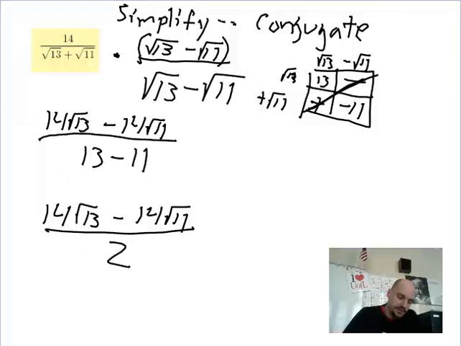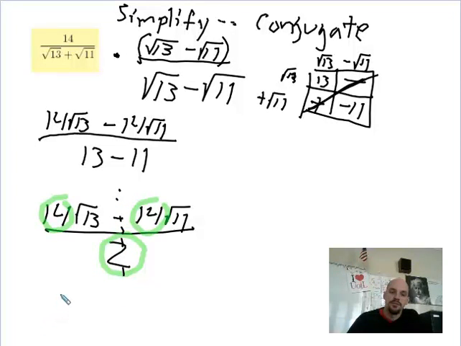At this point, it gets a little interesting, and this may need a little additional discussion. If we just look at the radicals, they're not like terms. But if I look at the coefficients, you'll notice that the 14, the 14, and the 2 can all be divided by 2. This can be done for one simple reason: when you have a fraction like this with two terms on top, you can split it down the middle.